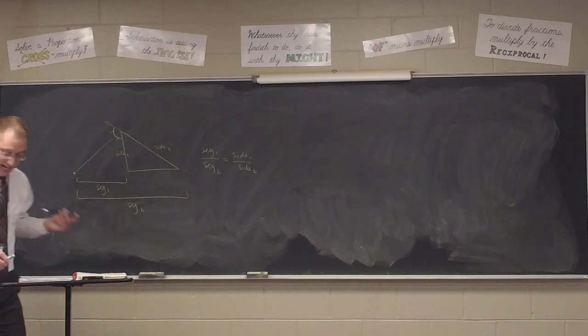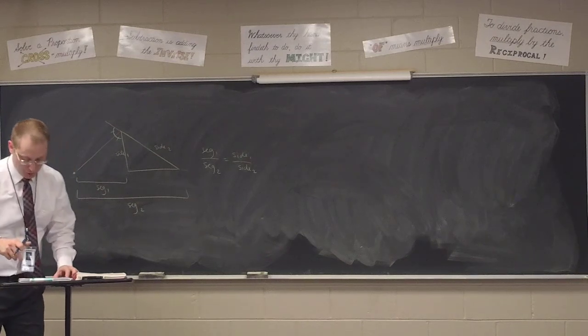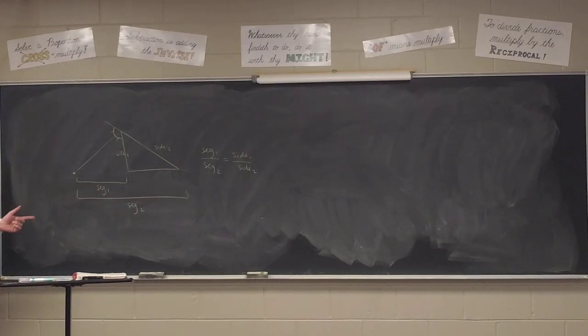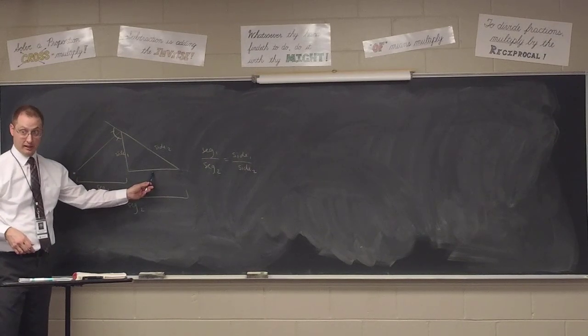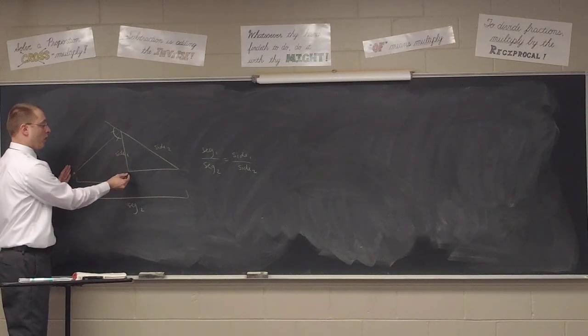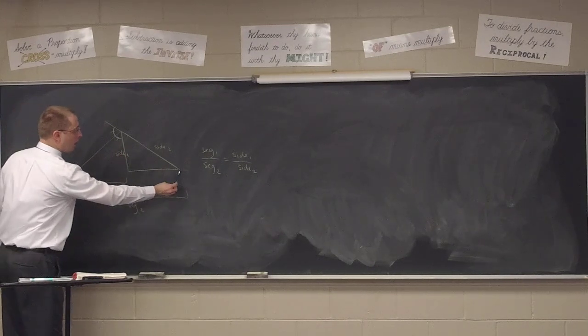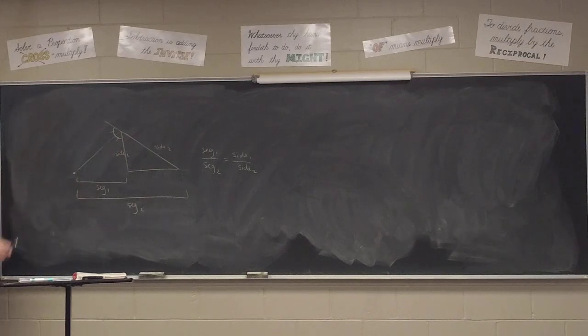Unfortunately, we don't have a chance to practice with this right now. We will tomorrow, and you will tonight in the homework as well. Just remember, this is not a segment. That's side 3. The segment goes from one endpoint to the division point, other endpoint to the division point. Those are your segments.